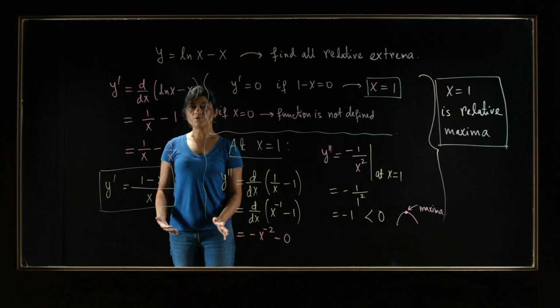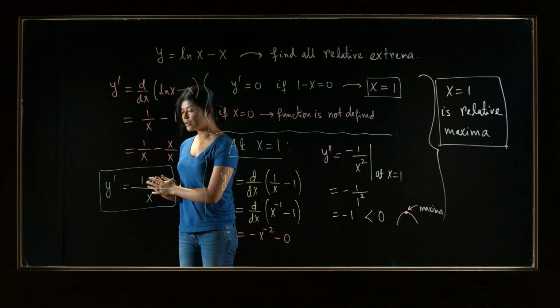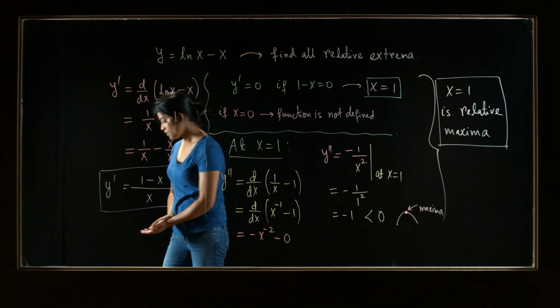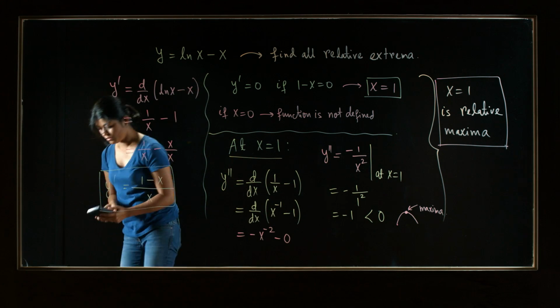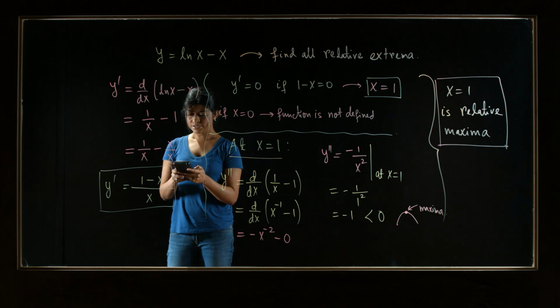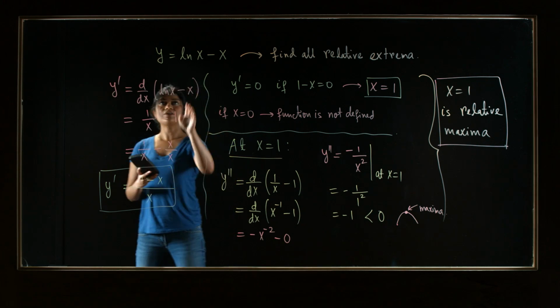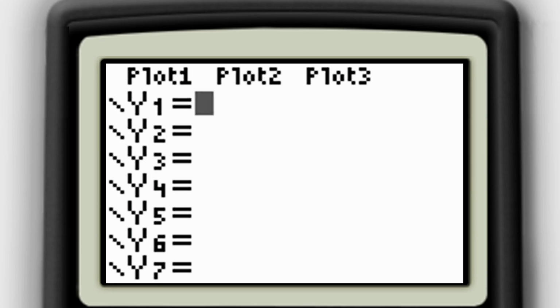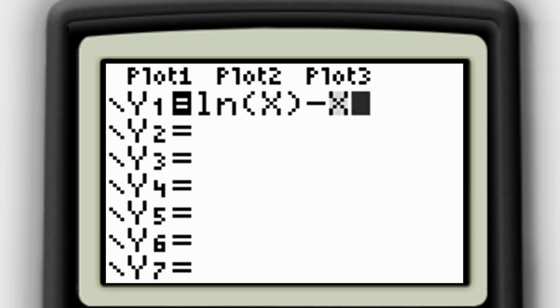So to finish this problem, we will have to use a graphing utility to verify this result. So let's pick a graphing utility that you have, and let's graph our original function, y equals natural log of x minus x. So you see that the graph lies below the x-axis.